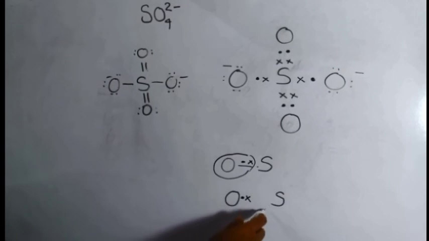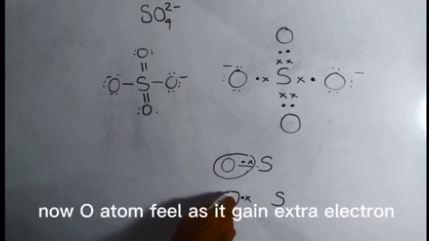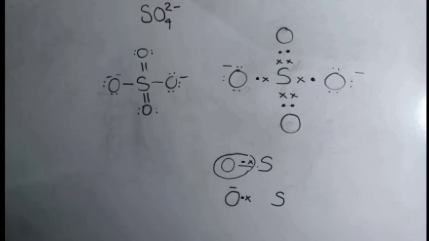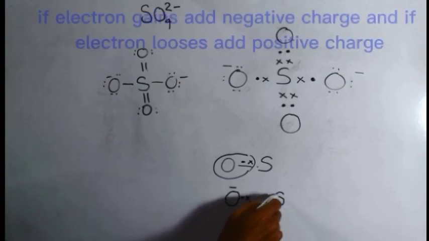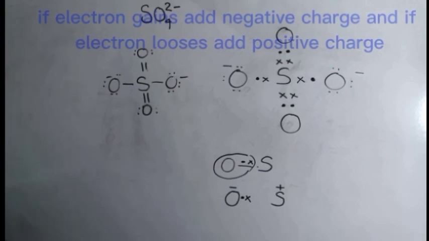So because of this, oxygen feels an extra electron coming towards itself. So it gains an extra negative charge. Sulfur feels the opposite. It loses its electron, so it gains a positive charge. So this is for one single bond.